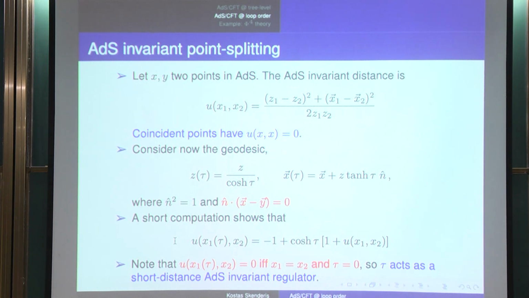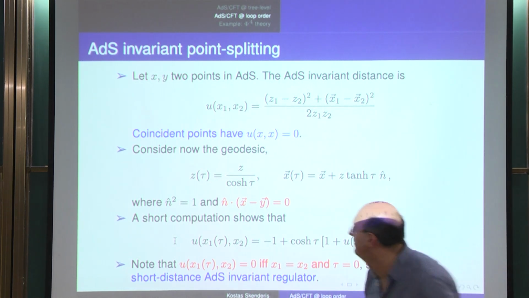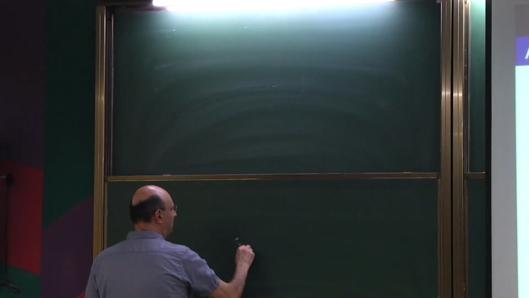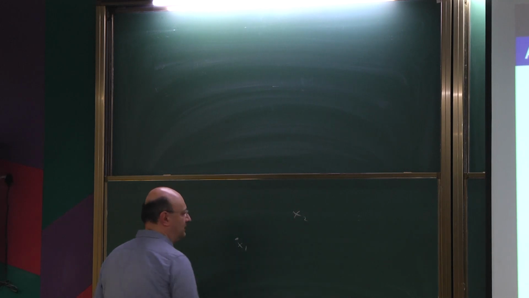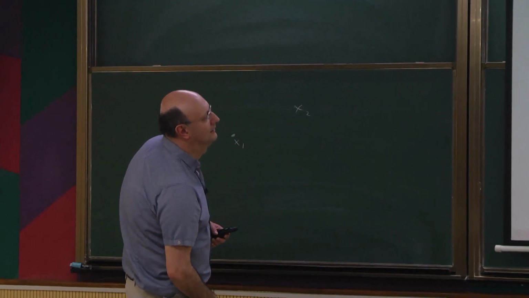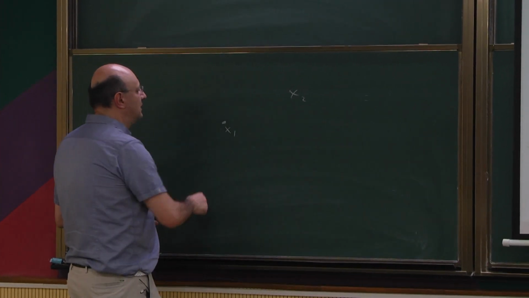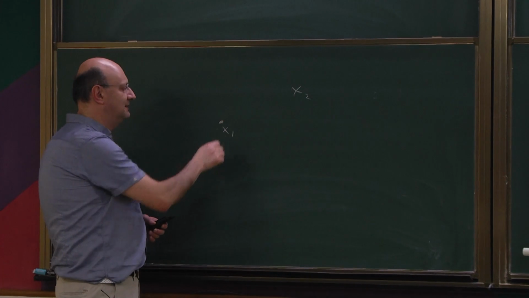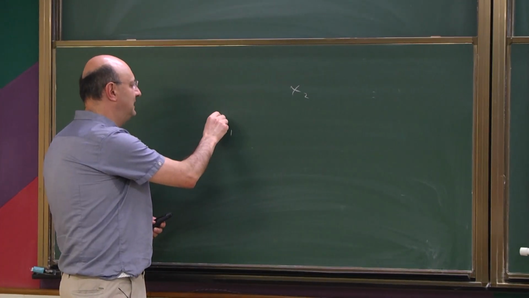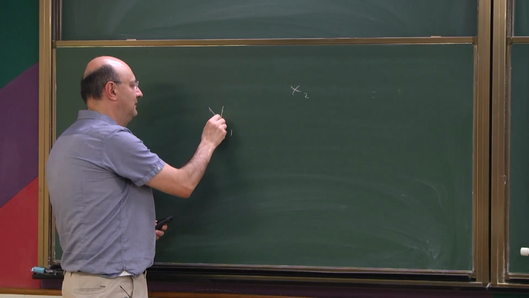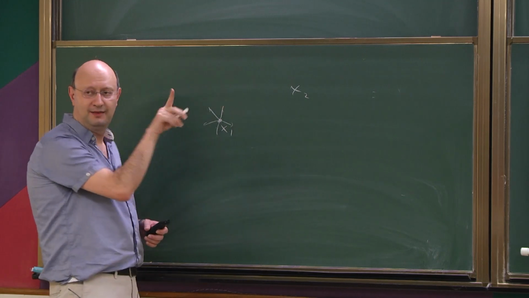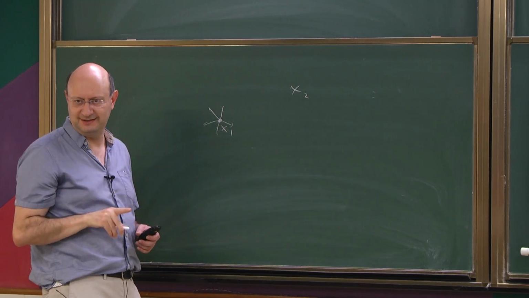So if I have 2 points x1 and x2, what do they call them? X and y? Yeah. So in general, if I have one point, there are an infinite number of geodesics that leave from that point, because it depends on the angle where I shoot the geodesic.